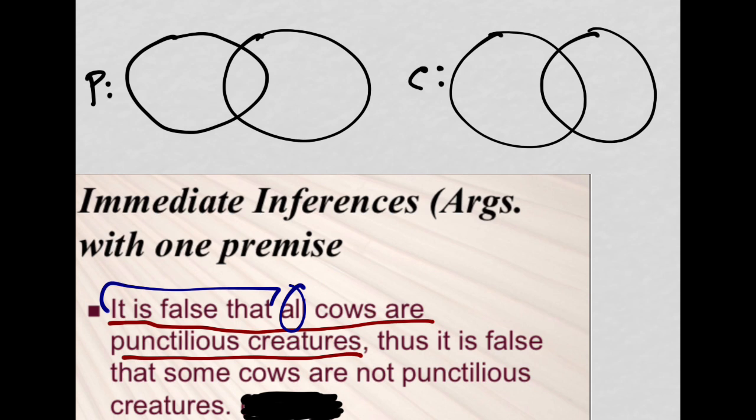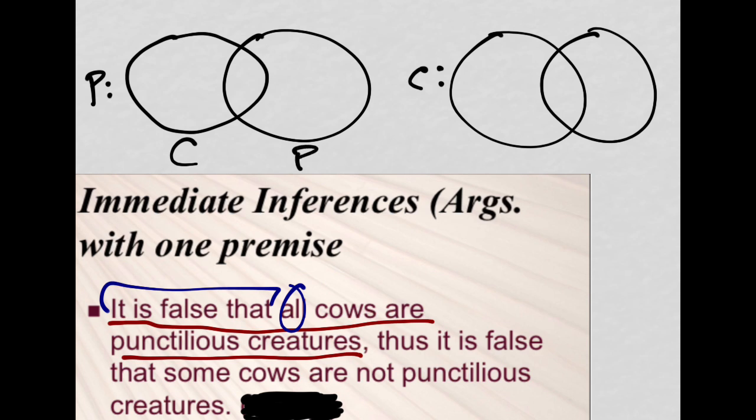And so I will just tell you the way to handle that is to set this idea of "it is false that" aside to begin with, and just focus on doing the Venn diagram in this case for all cows are punctilious creatures. And so what that means is that we are going to have our subject term, which comes after the quantifier, cows, and I'll just put a C there. And then we have as our predicate term, punctilious creatures, so I'll put a P there.